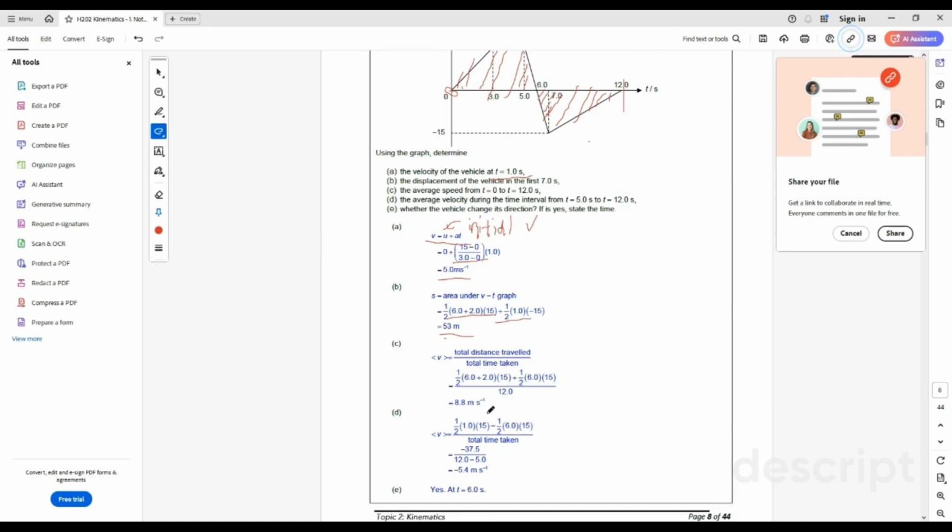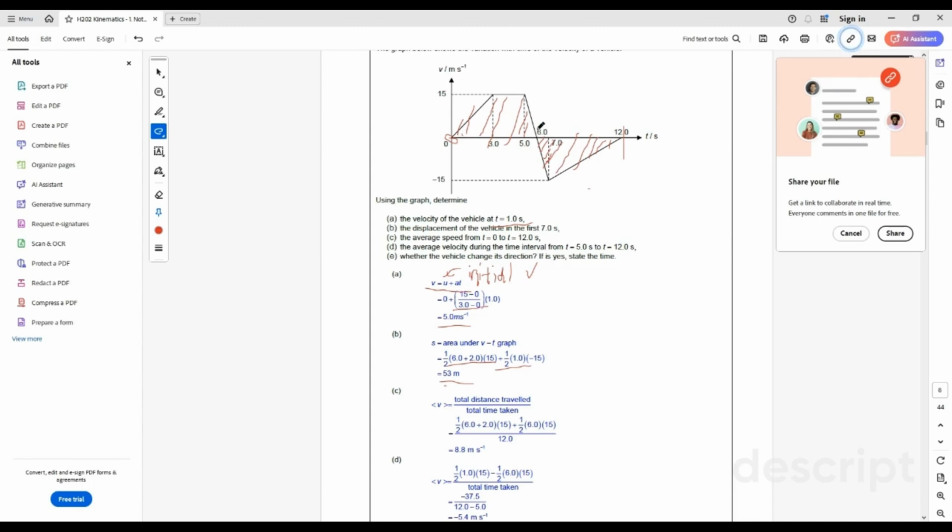And then we find the velocity from 5.0 to 12.0 seconds. We add this small triangle from 5.0 to 6.0, and then subtract the area from 6.0 to 12.0. Okay, let me make it a bit clearer for you guys.